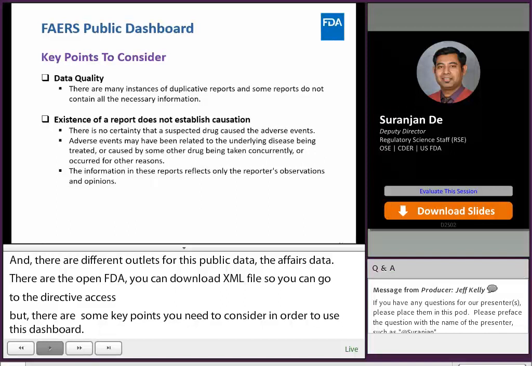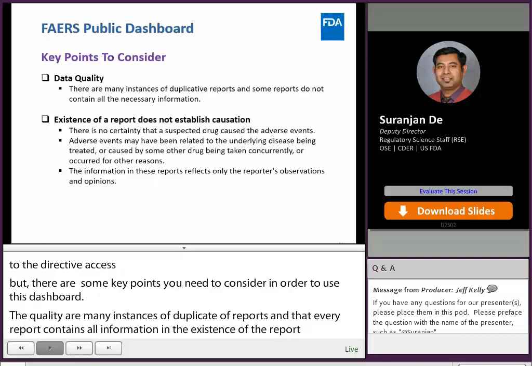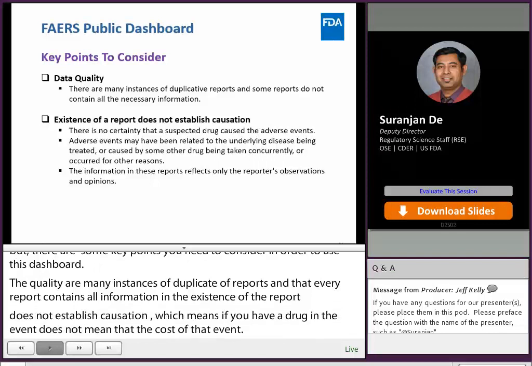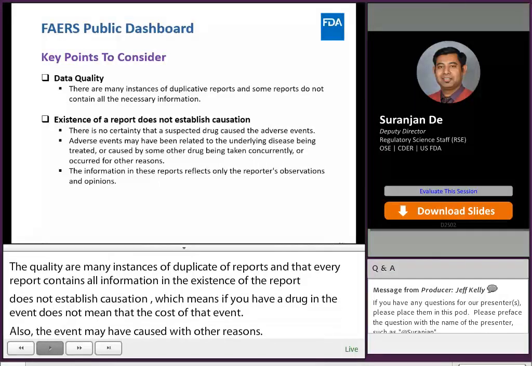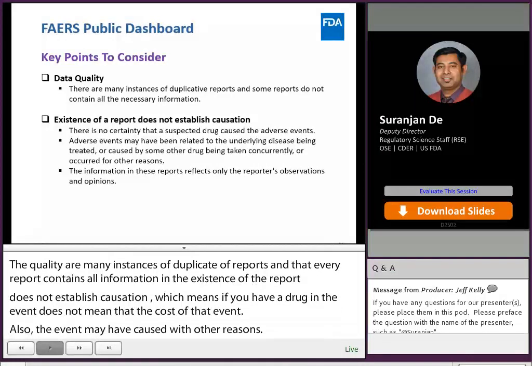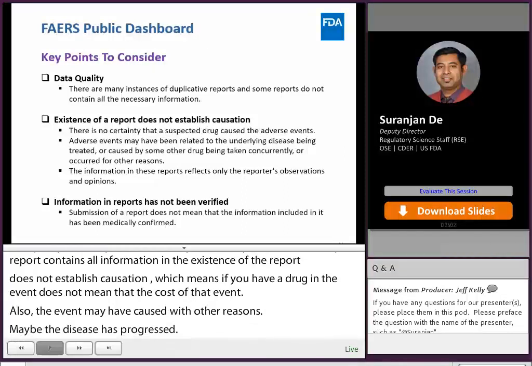The event may have been caused by other reasons. Maybe the disease has progressed, or the patient may be taking other drugs concurrently. These reports reflect only the reporter's observation and opinion. Also, the reports have not been verified, and many come directly from consumers, so they are not verified or medically confirmed.